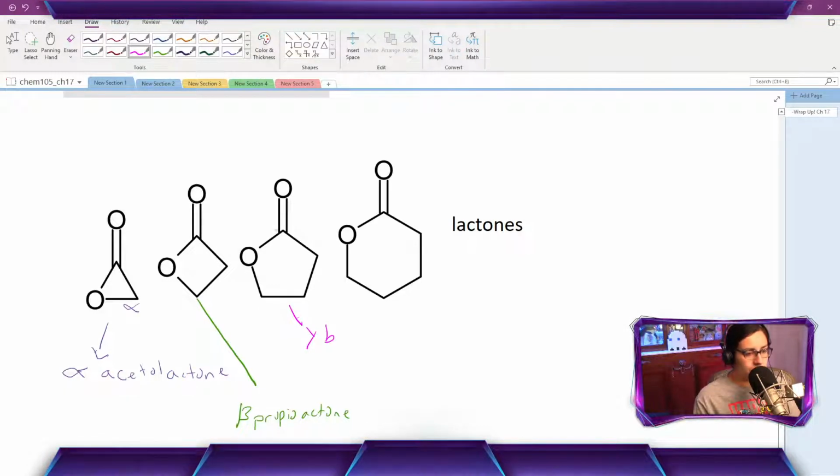So gamma, 4 carbons total, so butyro, gamma-butyrolactone. And then the last one in this example is going to be delta-lactone.